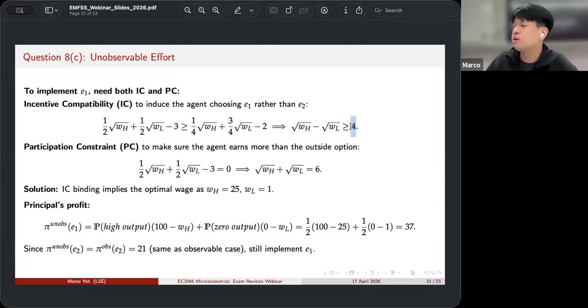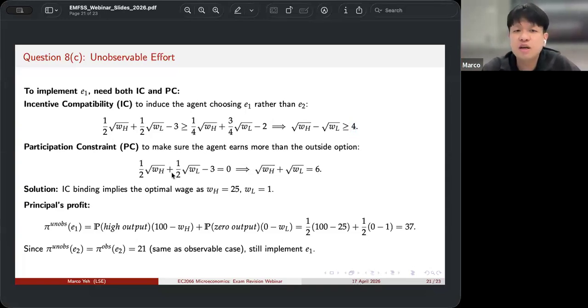Then why would I want to do the high effort and pay for the 3 units of utility? I don't want to. So the wage scheme must be such that the spread is sufficiently large, so I'm happy to pursue WH rather than WL. That is why we need to have an incentive compatibility constraint here.